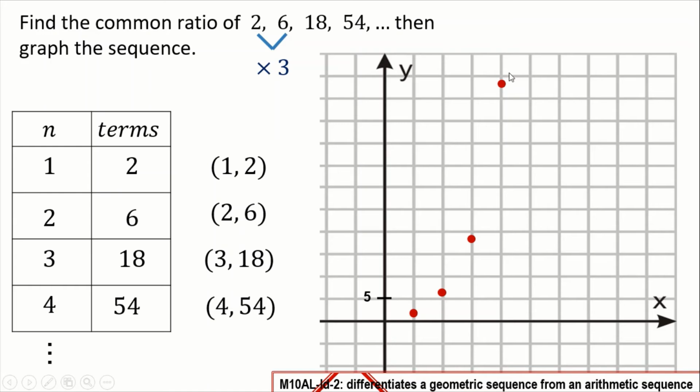Mabilis yung paglaki. So, unlike doon sa ating linear sequence or arithmetic sequence, okay, straight line ang nabuo, dito naman ay somewhat exponential kasi ang growth niya ay exponential. So, yun yung pinagkaiba ng arithmetic with geometric.